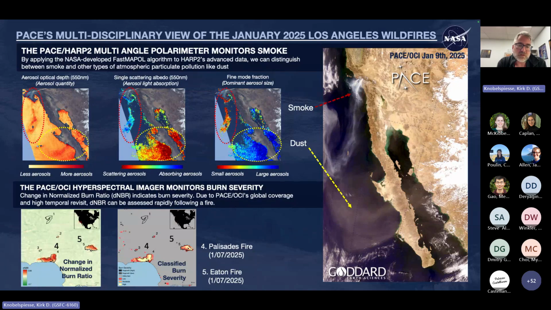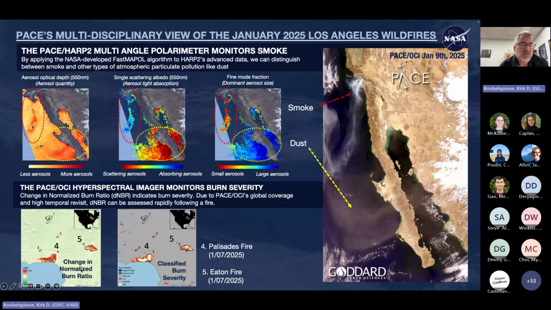And so these are the unfortunate fires in Southern California in January of this year. We see that smoke plume from the fire in terms of optical depth, and the other properties retrieved from, this is from FastMAPOL and HARP, by the way, help us identify conclusively that this is smoke and differentiate it from a dust plume farther south coming off of Baja California.